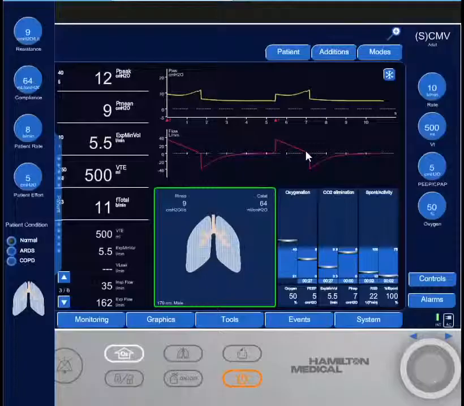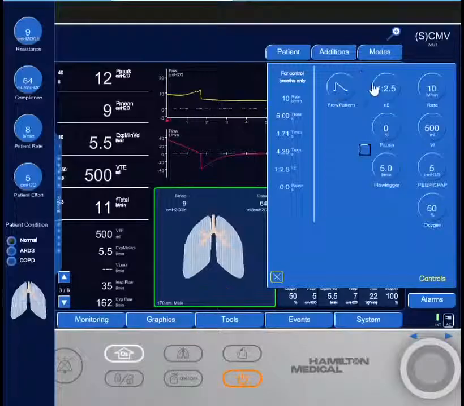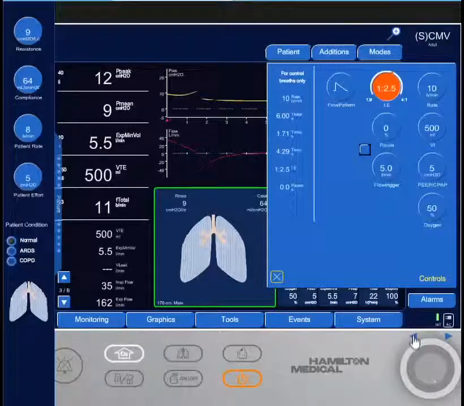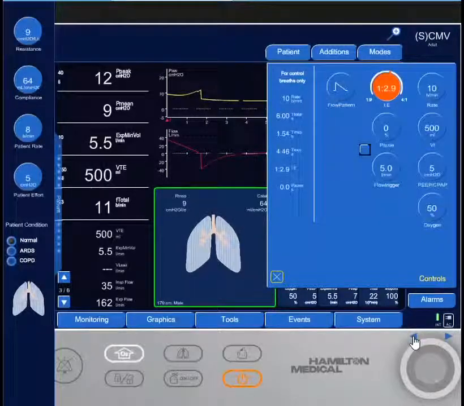And if needed, if the patient needed more inspiratory flow, which they kind of do, I can just go to my controls and change my IE ratio, which will change my inspiratory time, and it will change my flow rate also.